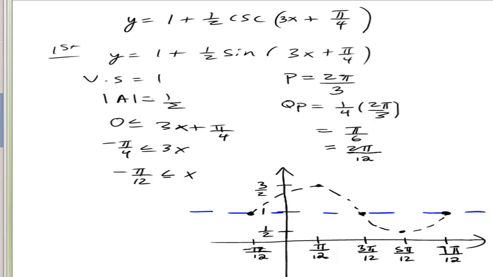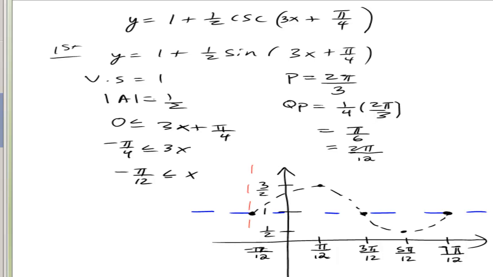Right. So next we're going to draw in cosecant. And cosecant, remember, has some vertical asymptotes. The vertical asymptotes occur when sine is 0. So we have one here, and then we have another one here, and then we have another one here.